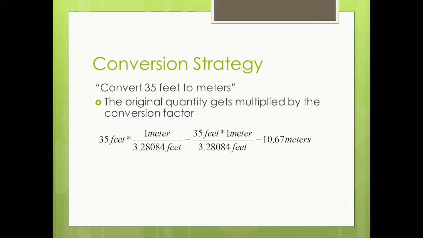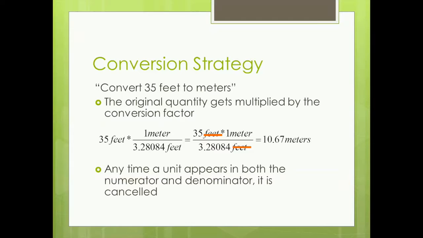Let's see what that looks like. We start with 35 feet multiplied by our conversion factor. We see that this equals 35 feet times 1 meter in the numerator divided by 3.28084 feet in the denominator. Carrying the multiplication across in the numerator and dividing by the denominator, we get our final answer of 10.67 meters.